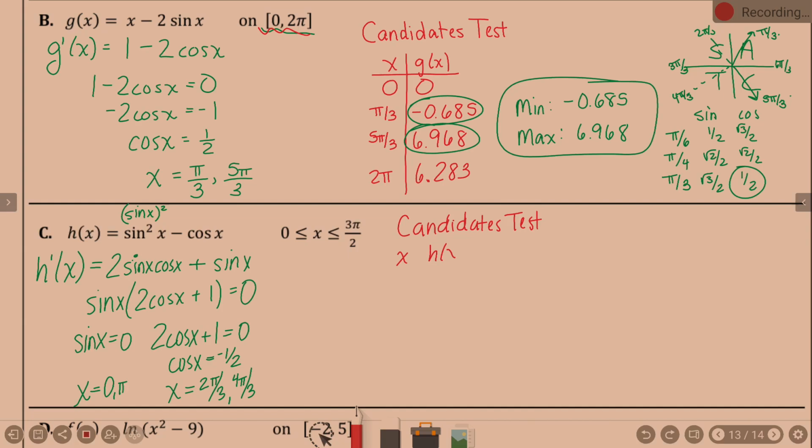Okay, we are testing 0, 2 pi over 3, pi, 4 pi over 3, and 3 pi over 2. And it's not that they have to be in order. And then it's plugging them into the calculator, yes?